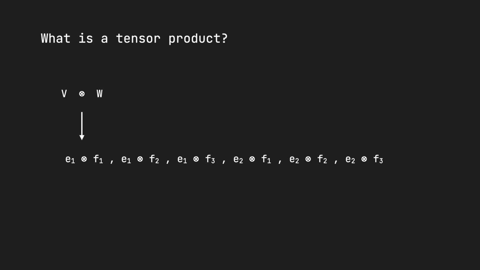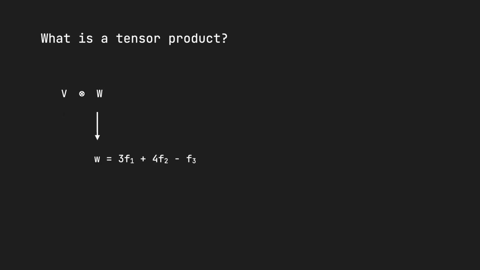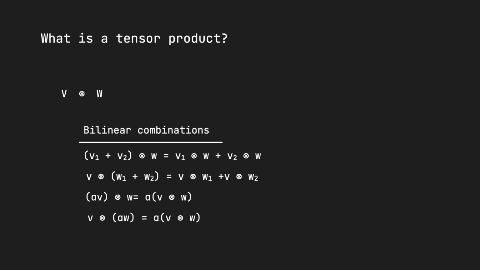Here's an example of the combination of their bases, like this: e1 tensor product with f1, and it goes on and on. Now let's look at a concrete example of actually combining both of these vector spaces. Suppose the vector space V had an element like this, 2e1 plus e2, and the vector space W had an element like this. How do you combine both of those? There are certain rules that you need to follow, called bilinearity rules.